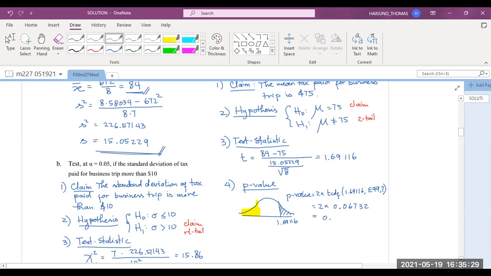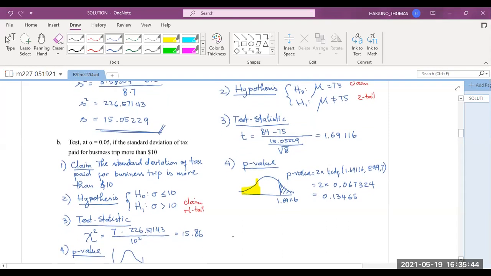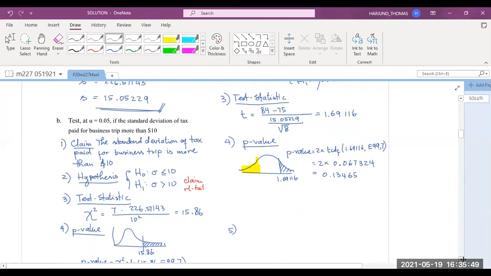I get 0.13465. Okay, now the alpha is 5% and p-value is greater. So our step 5, I leave some space there for critical value, right? Step 5, informal conclusion. Fail to reject null hypothesis.